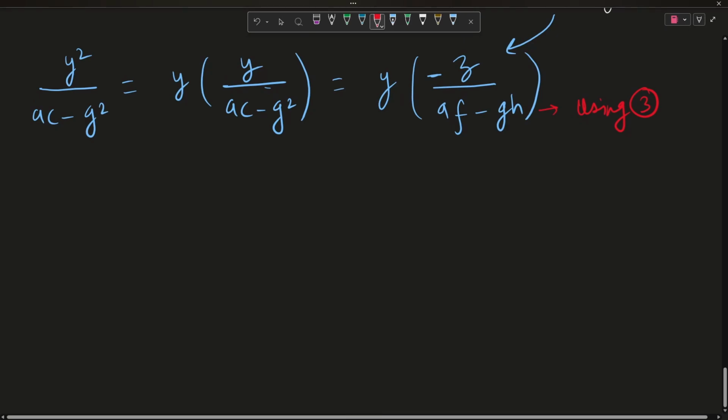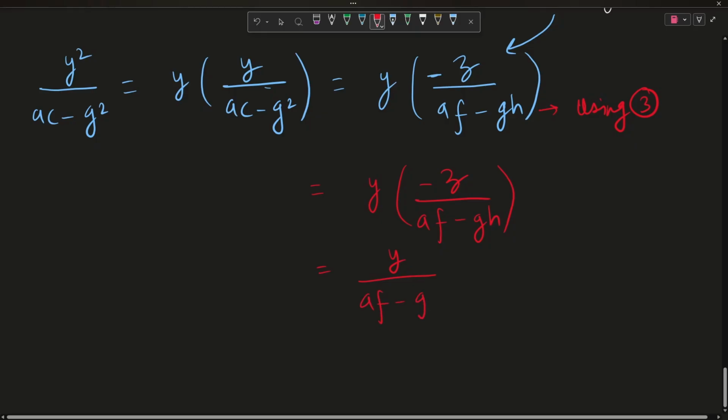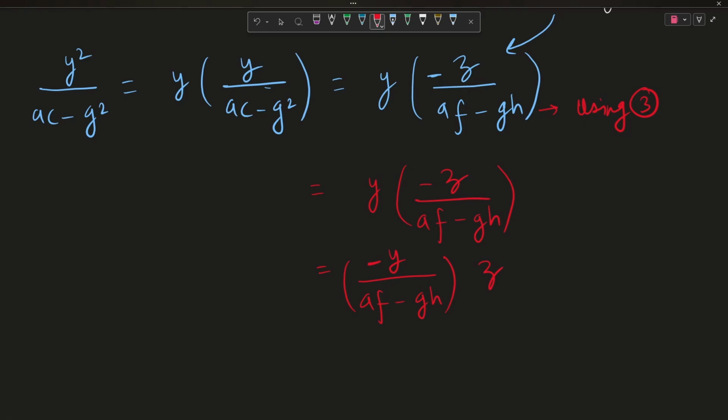Now this part is written. Now we will dissolve this minus sign. So what I can say is yz upon, or let's keep it minus only, af minus gh. Right? It could be further written as y upon af minus gh into z, and I have put the minus sign with the y.